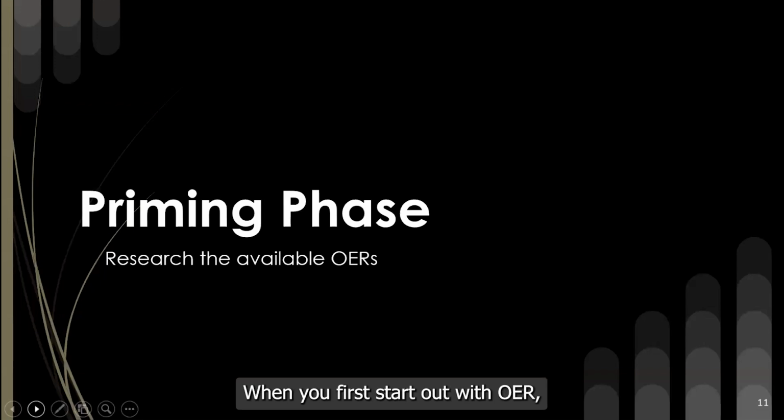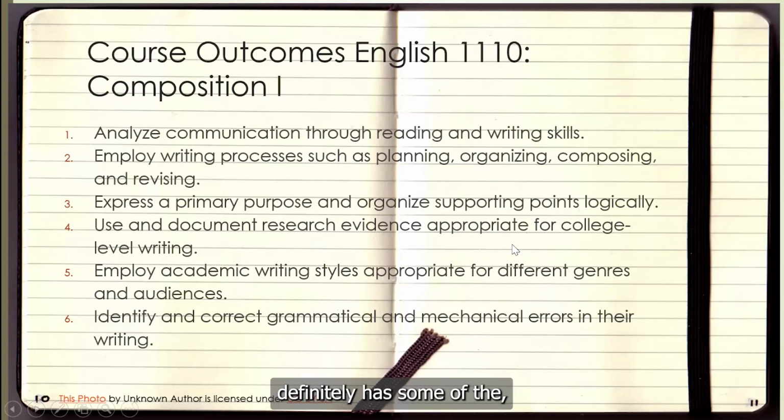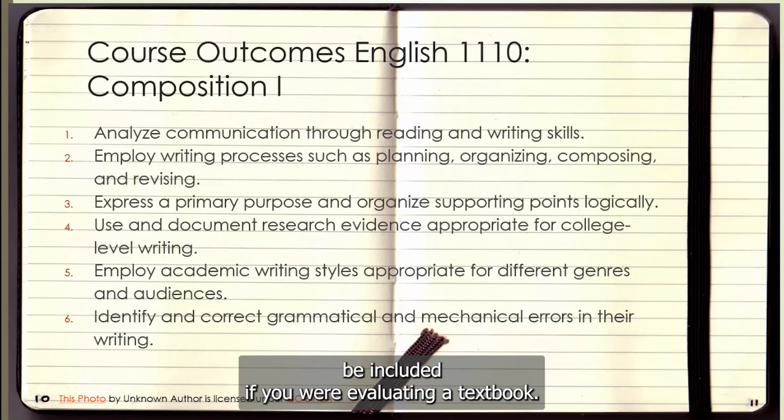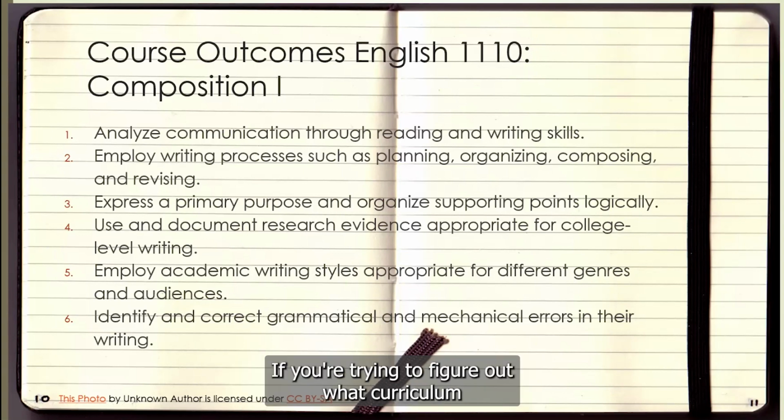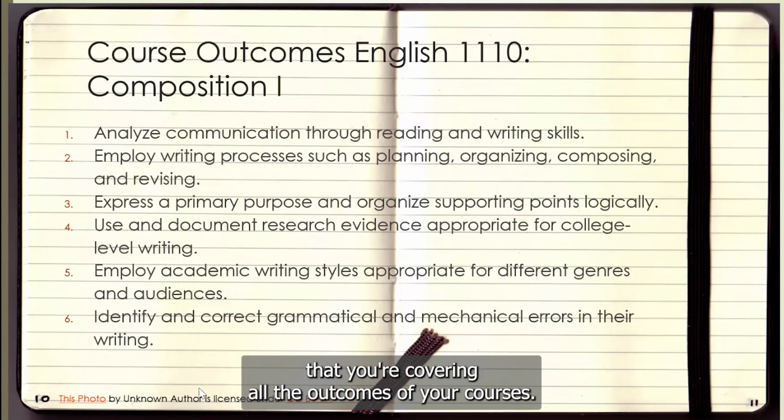When you first start out with OER, you'll always want to start with your outcomes. This process of adapting and creating OER has some of the same steps as evaluating a textbook. If you're trying to figure out what curriculum you want to teach your students, you want to make sure that you're covering all the outcomes of your courses.